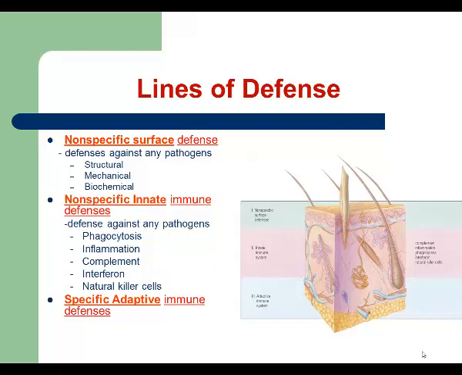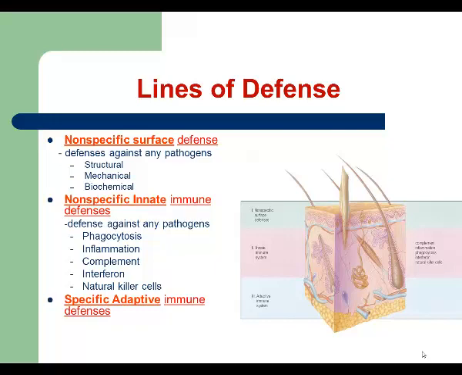And finally, the biochemical part of the first line. Examples of the biochemical part are stomach acid, bile salts, and multiple enzymes that can be found in saliva, perspiration, or tears. The second line of our immune system is called non-specific innate immunity.